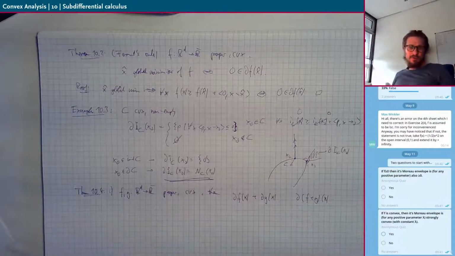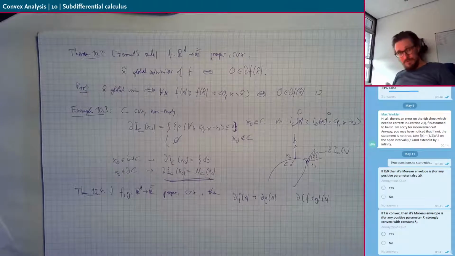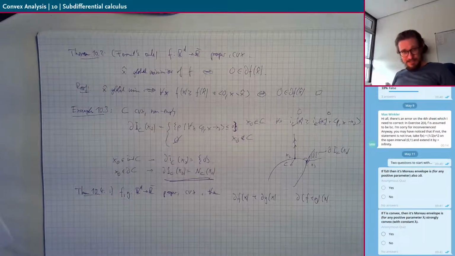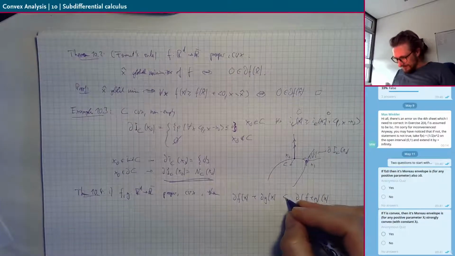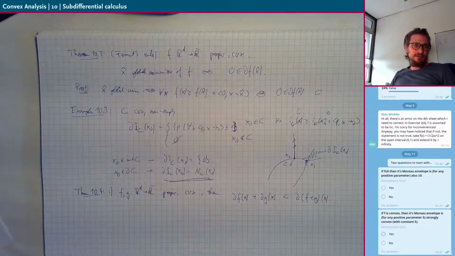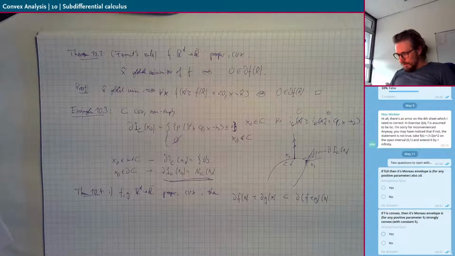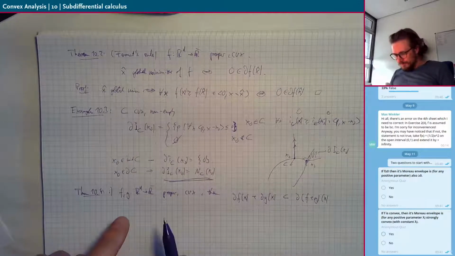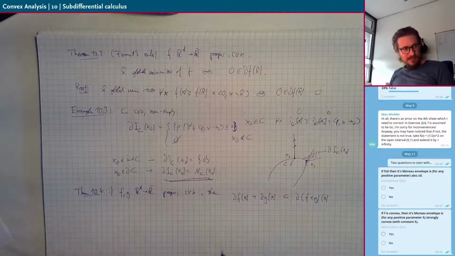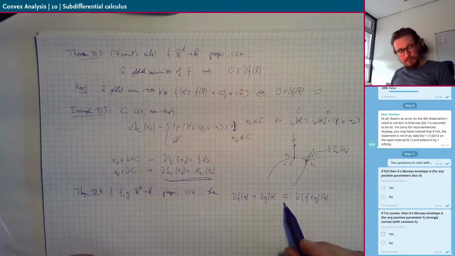For normal differentiable functions, that's the simplest thing to prove: these things are equal for gradients. But for subgradients it's just an inclusion, and there's nothing more you can prove, except if you know more. Under these assumptions, nothing else than this can be proven. So it can be equal.